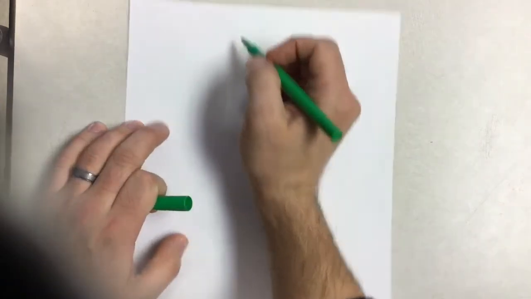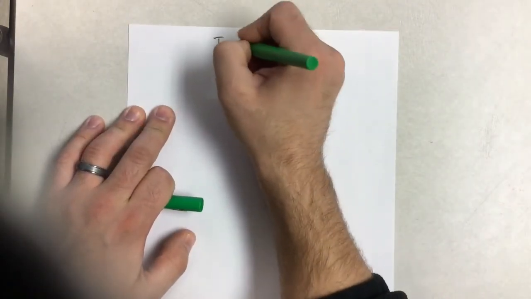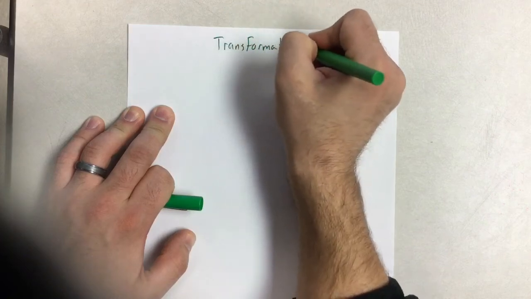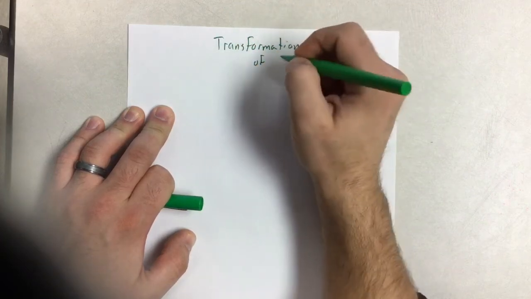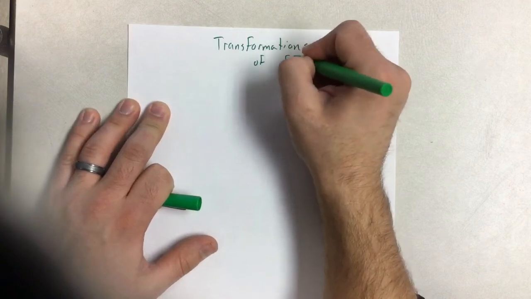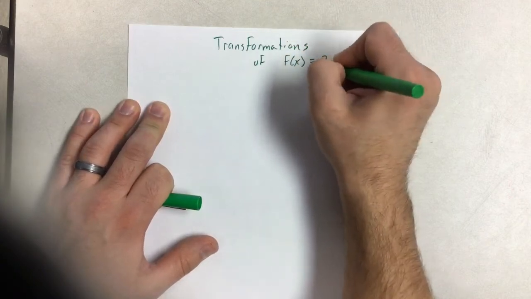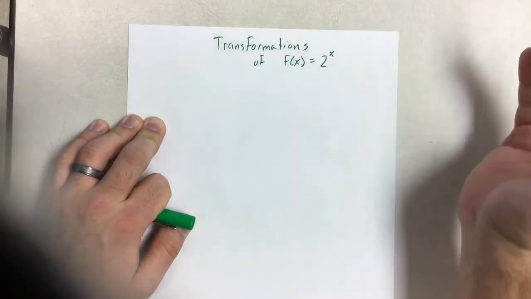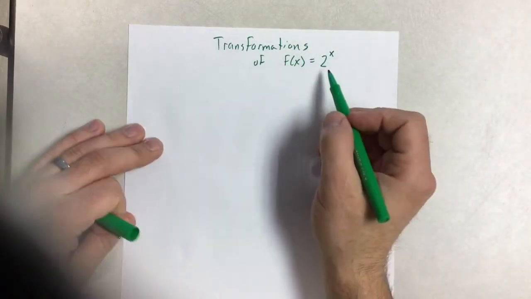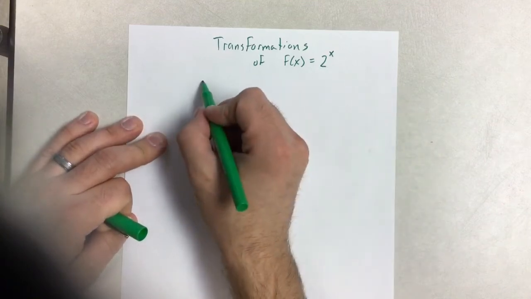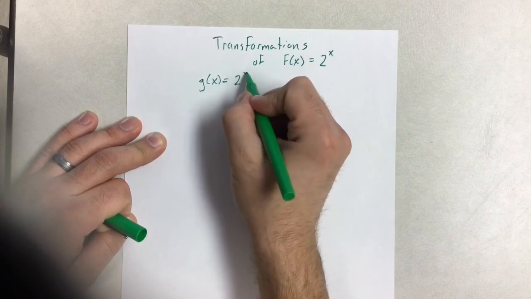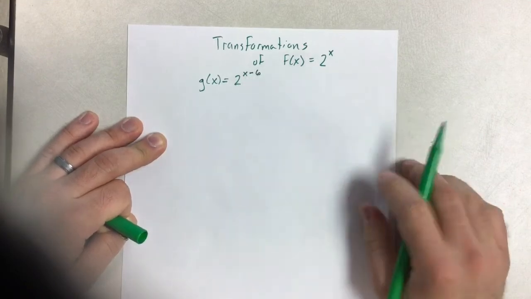So again we're focusing on transformations of our basic function. Let's focus on just the generic exponential function 2 to the power of x. I can apply all of these transformations to any exponential function. So let's say we have a function g of x, and we have 2 to the power of x minus 6.